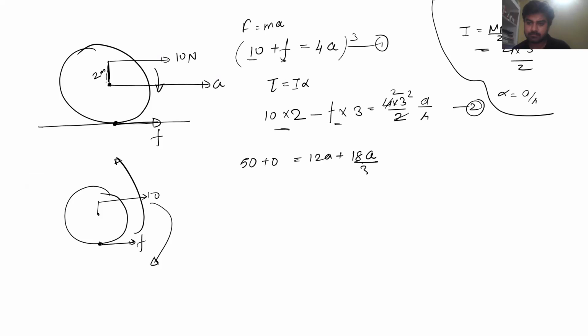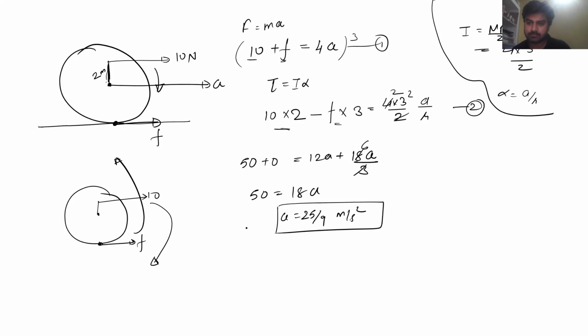Radius was 3, no? It is 6. So 50 is equal to 12 plus 6 is 18a. So from here acceleration will be 25 by 9 meter per second square.